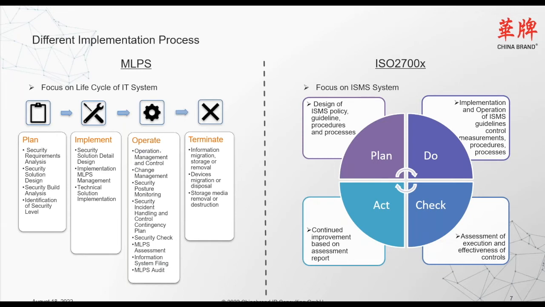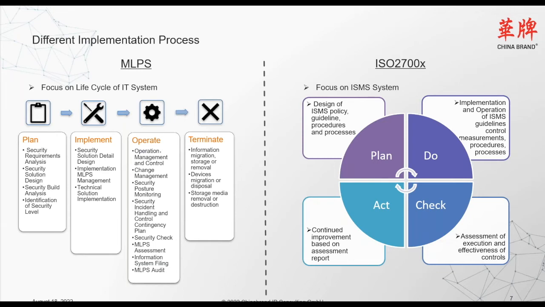In the check part of the PDCA cycle, assessments of execution and effectiveness will take place, and then I will regularly have to check if I can improve anything. And while I'm not saying that for the MLPS it is not required to improve your security system, it is not encouraged that much, or it is not necessary that much.